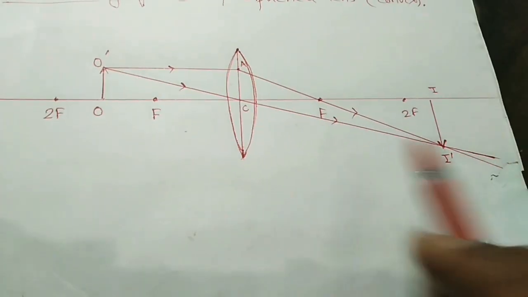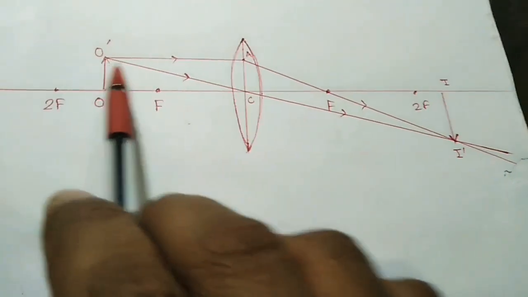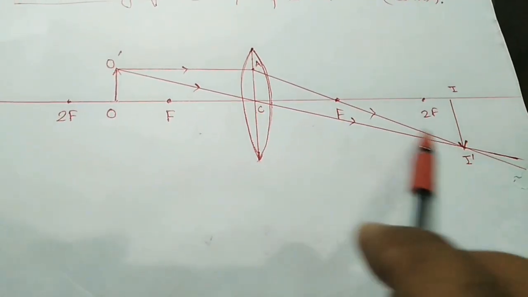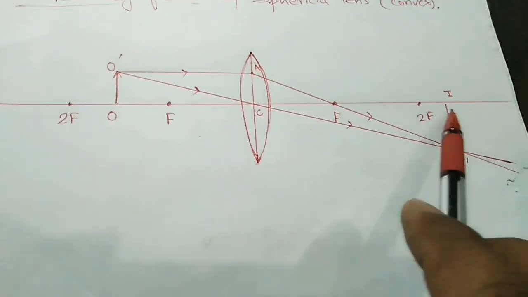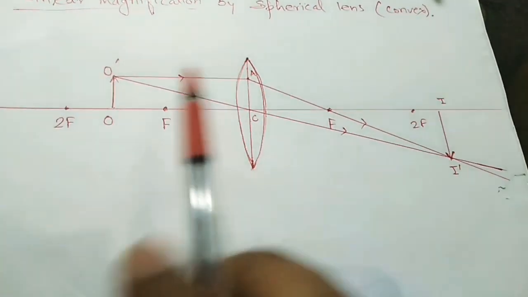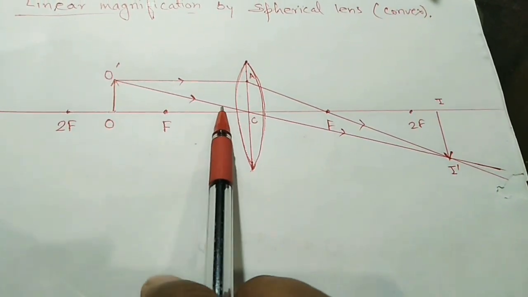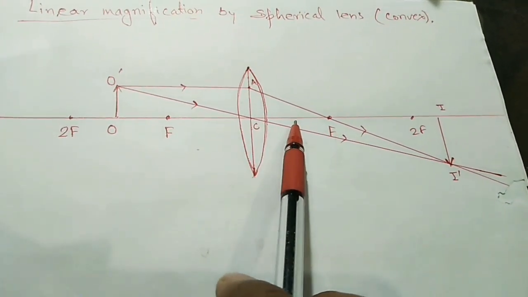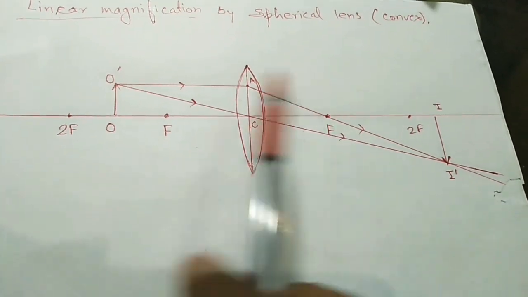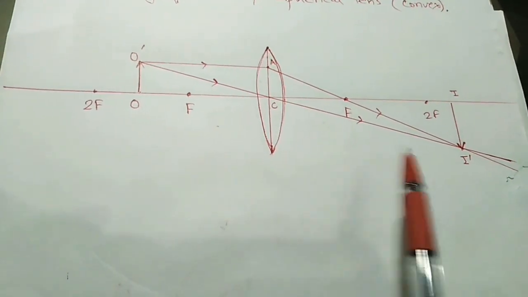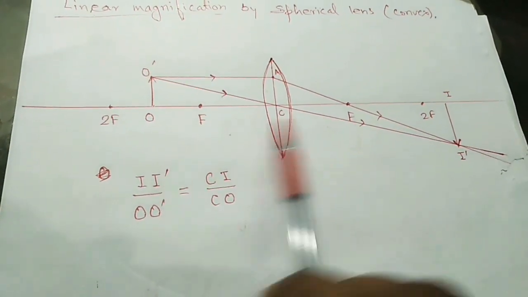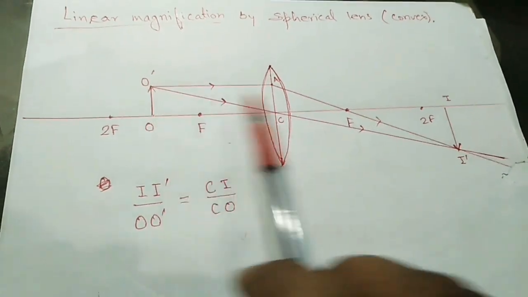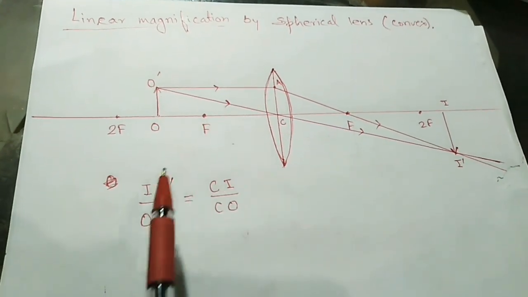So we are seeing these two triangles OO dash C and II dash C. In these triangles, this angle and this angle are both right angles, means 90, and this angle and this angle are vertically opposite, so they are equal, making similar triangles. Using that property, using two corresponding sides, II dash upon OO dash is equal to Ci upon Co.